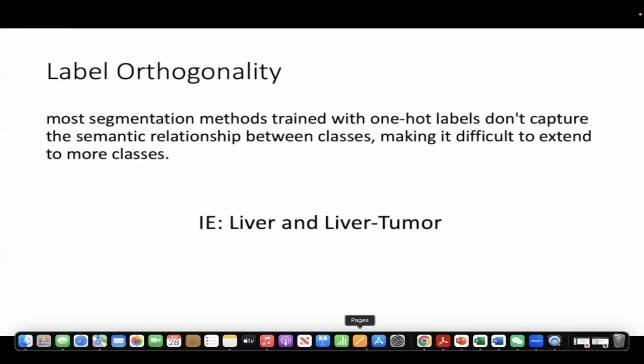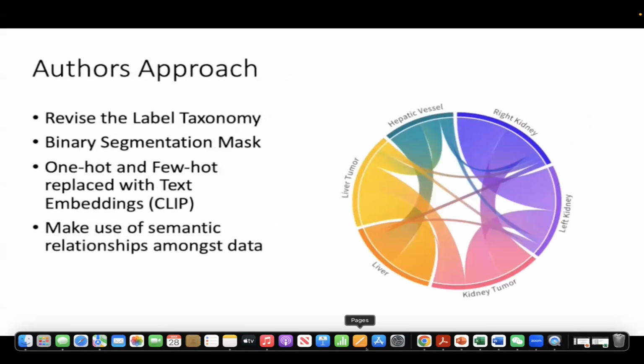For tackling label inconsistency, the authors propose utilizing a revised label taxonomy for the multiple publicly available data sets. They generate binary segmentation masks for each and then compute loss only for the classes with available labels.